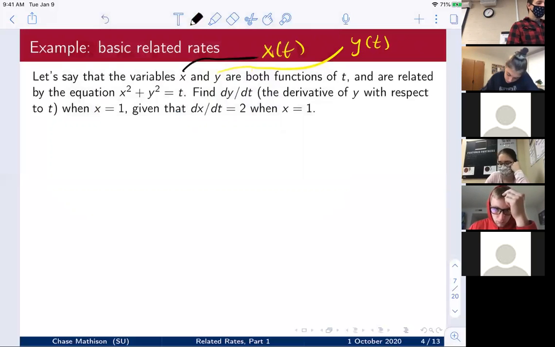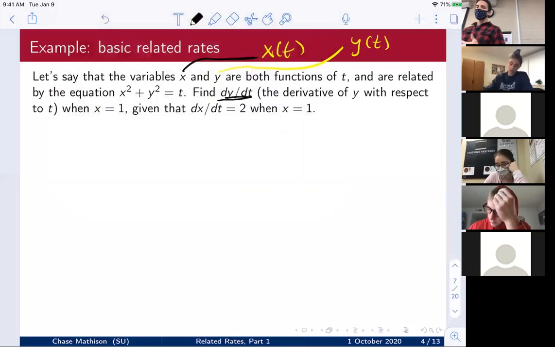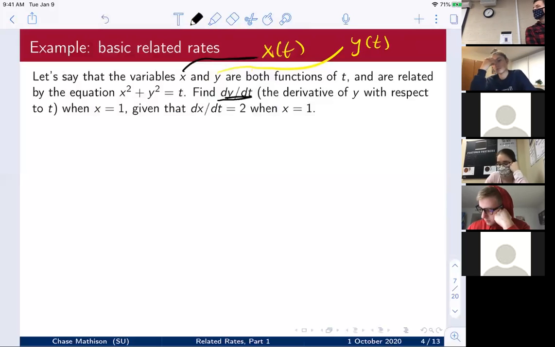We want to find dy/dt, the derivative of y with respect to t, when x is 1, given that dx/dt is equal to 2 when x is 1. Let's do this.